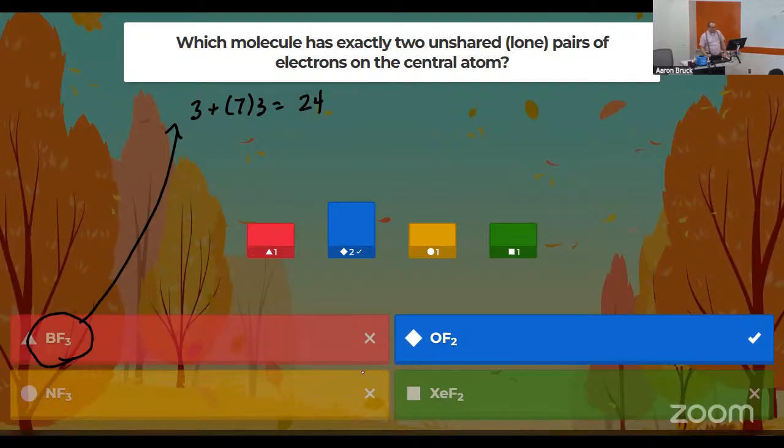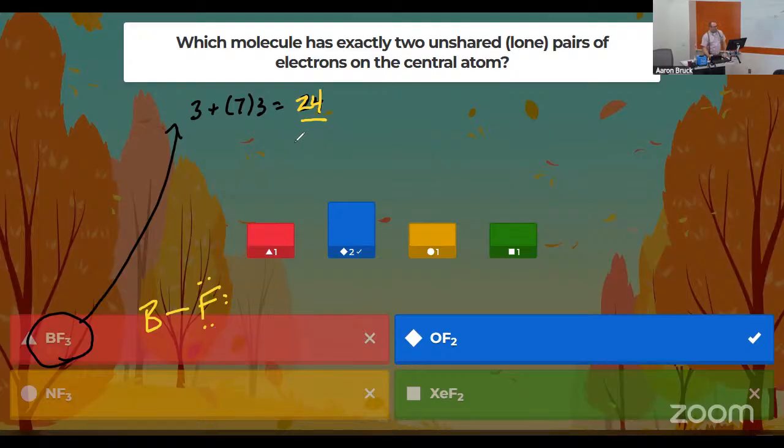And here's what I'm talking about, okay? I've got 24 electrons here that I need to work with. Each one of these bonds from boron is going to feature a complete octet, right? Okay, so how many electrons are sucked up in that bond set to fluorine? 8. 2 from the bond, 6 from the lone pairs.